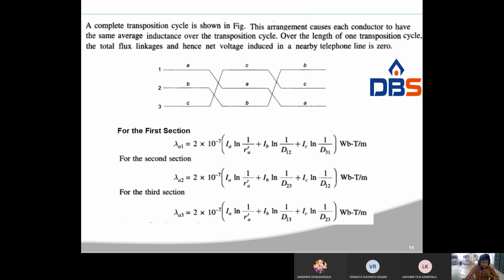Similarly, for the second section, 2 into 10 power minus 7, IA ln 1 by RA dash, IB ln 1 by D23. Why?